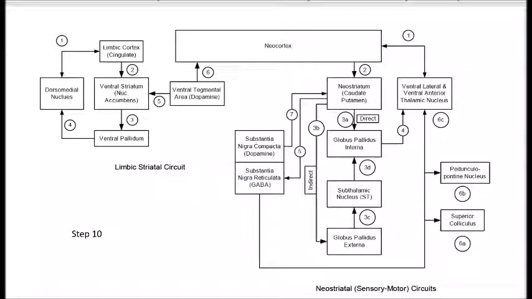Another is through 3B, the indirect pathway, which goes to the globus pallidus externa, then through to the subthalamic nucleus, then back to the globus pallidus interna, and again to the ventrolateral and anterior thalamic nucleus. Now, why do we go through all that difficulty?